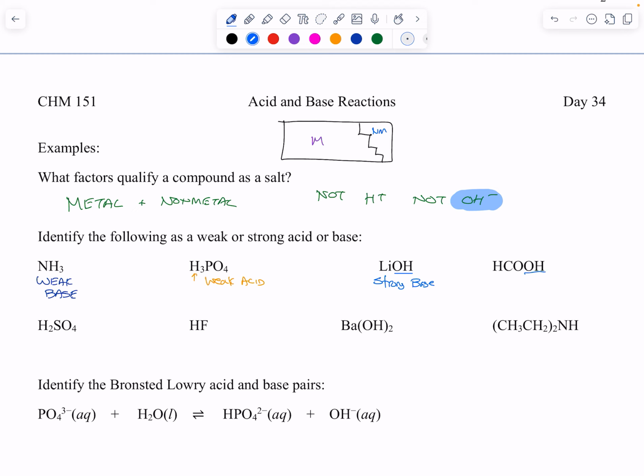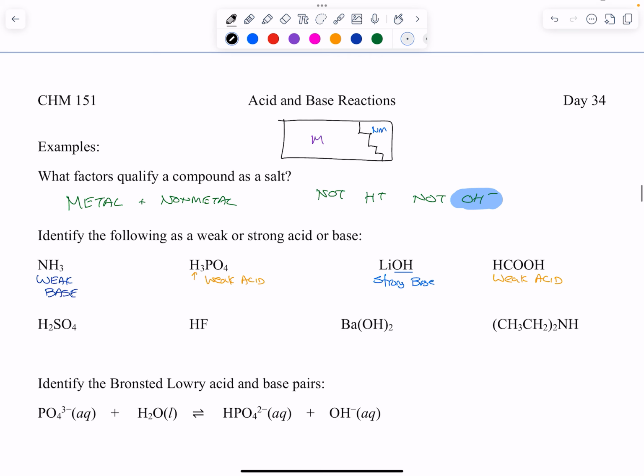Right? LiOH, strong base. Now, what about this? Hey, I got OH here. No, you don't. You do not have hydroxide. Okay? That's not how that works. So this is formic acid. It's a weak acid. It's an organic acid. And if we look, H to C to O to O to H. Every time you see the COOH, that's what you see.